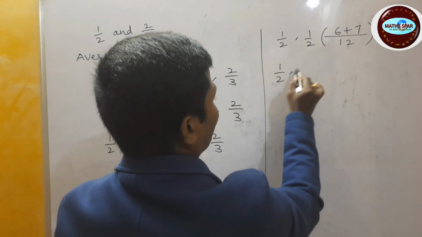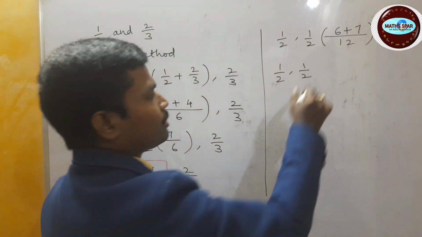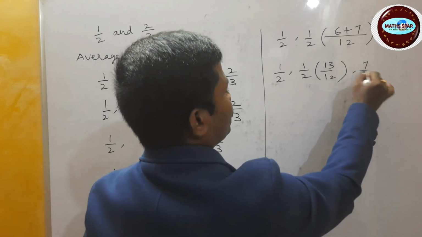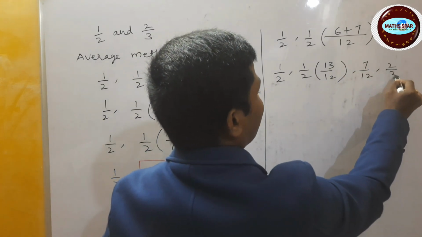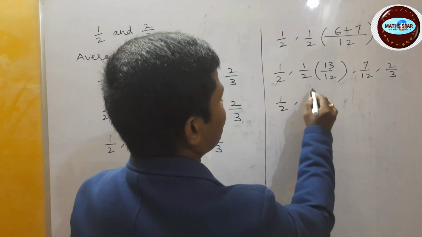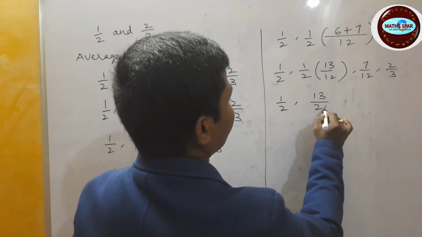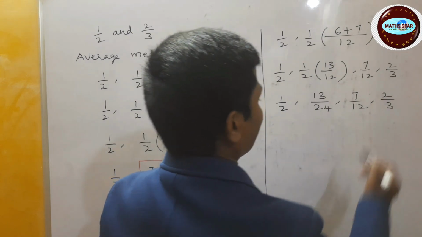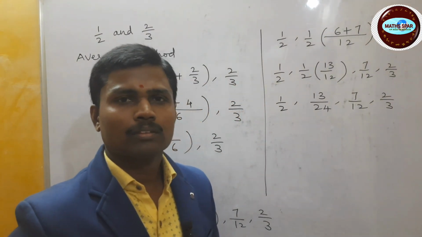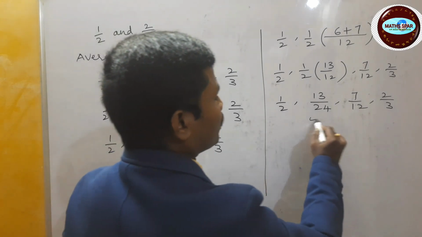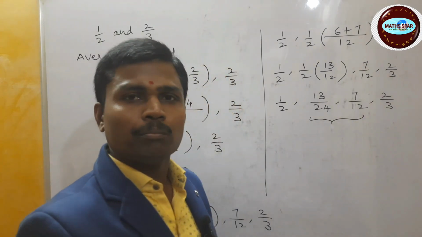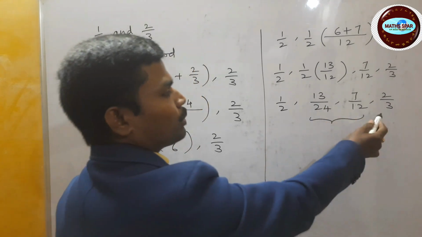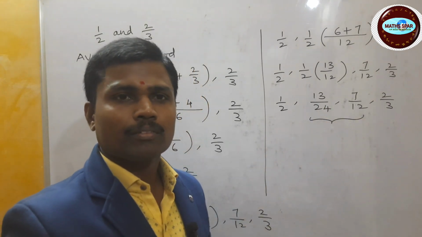Then it is half of 13 by 12, so 13 by 24, 7 by 12, 2 by 3. These two are the rational numbers between the two given rational numbers, that is 1 by 2 and 2 by 3.